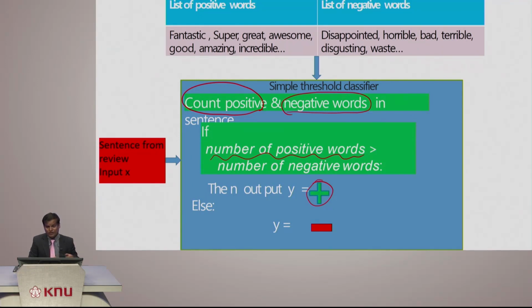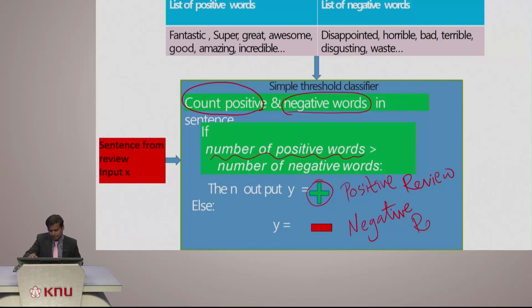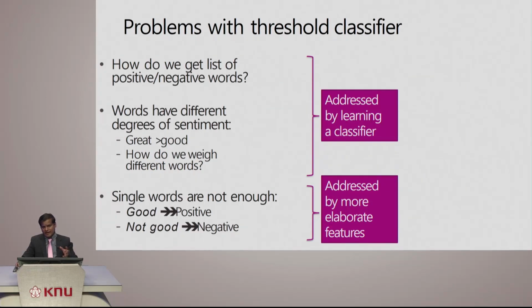So if the number of positive words is greater than the number of negative words, your review output is a positive review, that is your label output, else it is going to be a negative review output. So this is a basic algorithm. Well, as we said, it's a basic algorithm. Maybe a basic algorithm always has certain problems to it.